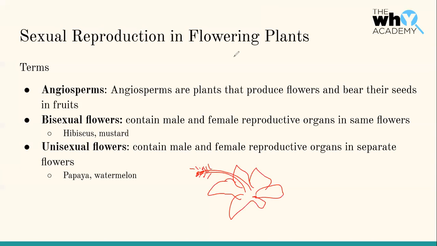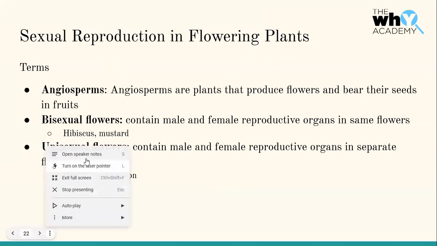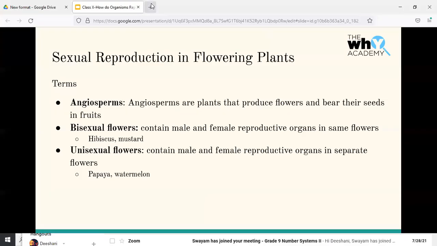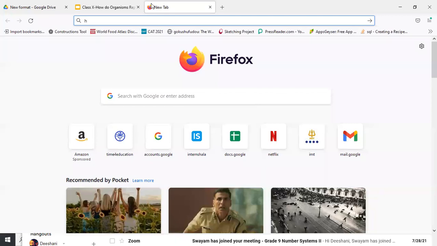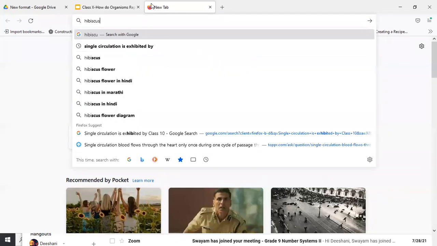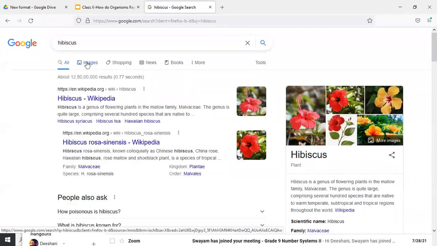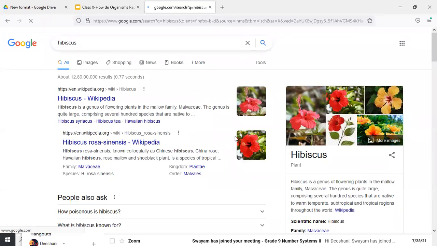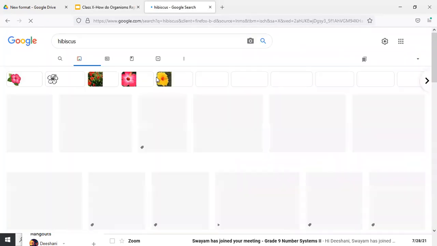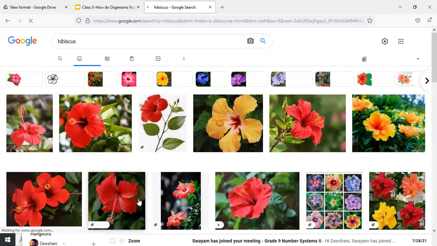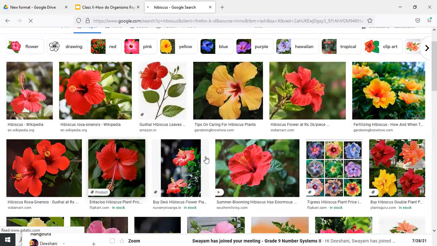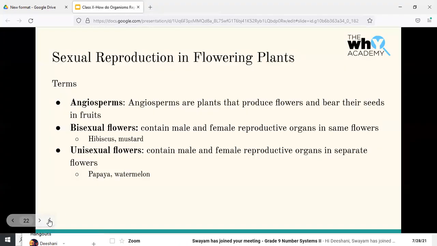Okay, wait, I'll just show it to you. This flower. Now do you all remember? This is hibiscus. Again, this is a very common flower, must be there all around you.